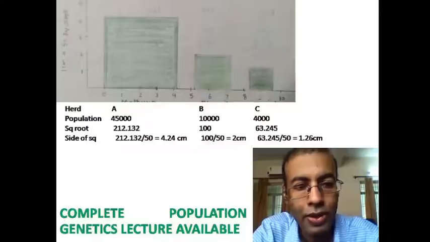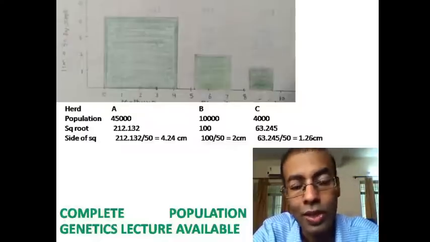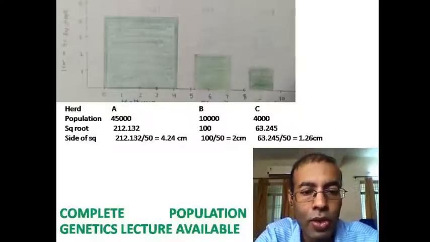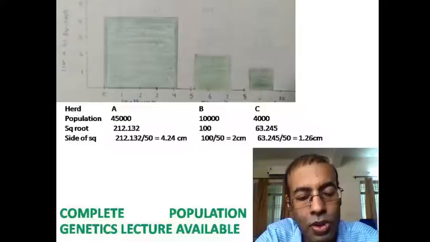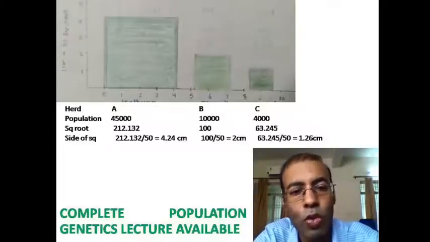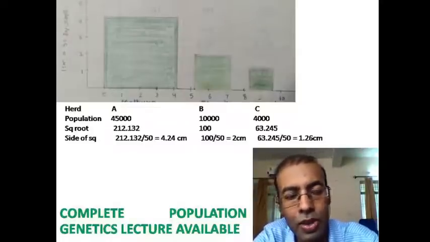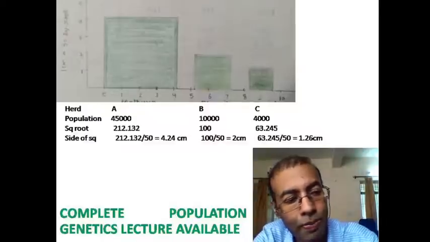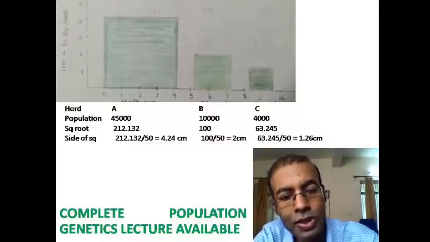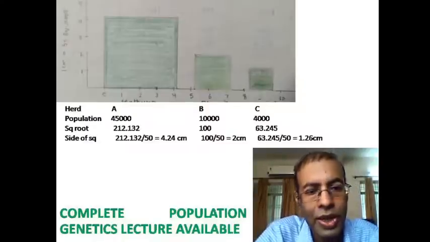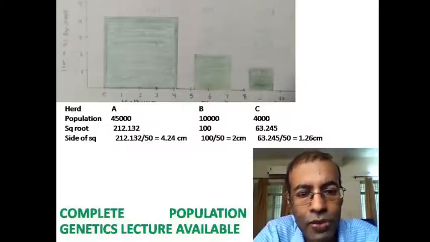Now this square root value is also very large, so we will divide this value by a certain number. This is up to the investigator's choice. You can divide it by any number, as long as after dividing, a considerable value comes out so that you can make a square. So now we will divide this square root value by 50.